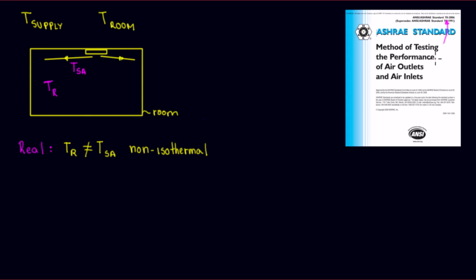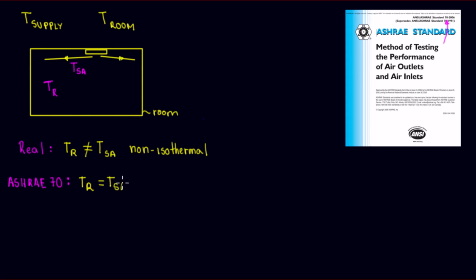However, ASHRAE 70 makes the assumption, in order to simplify the concept and make it more consistent for comparable results, that the room temperature is equal to the temperature of the supply air.